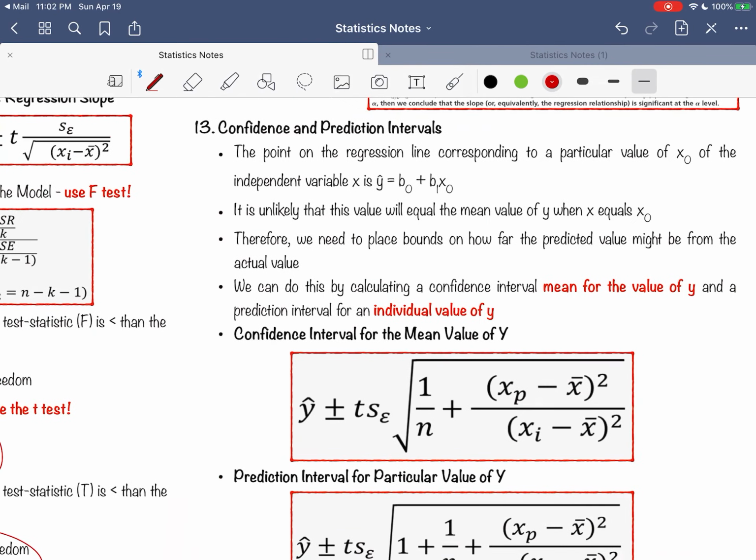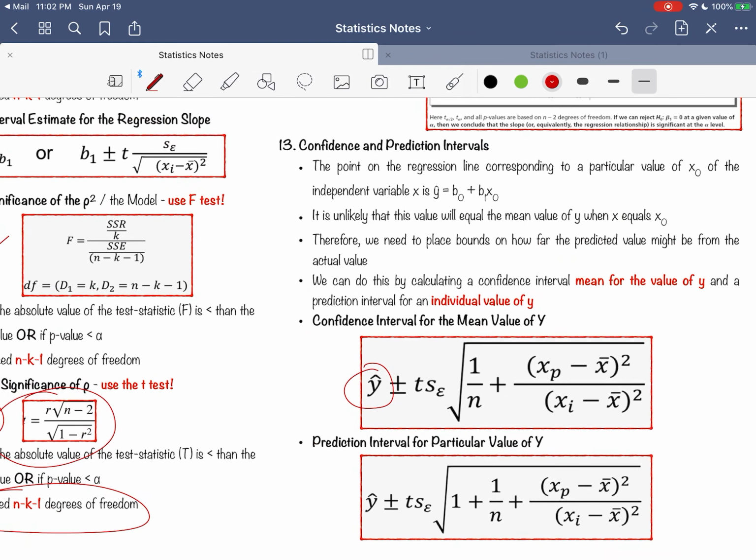Lastly, we're going to create a confidence interval and a prediction interval for your prediction y. There are two versions of this equation, with a slight difference between each one. The first one you see here is the confidence interval for the mean value of y. Because x doesn't predict y consistently, accurately, there's going to be a range in which y is going to show up.